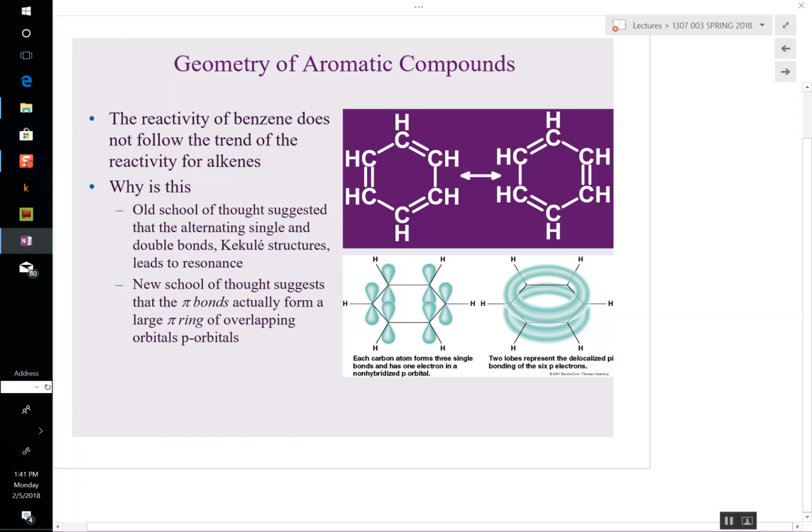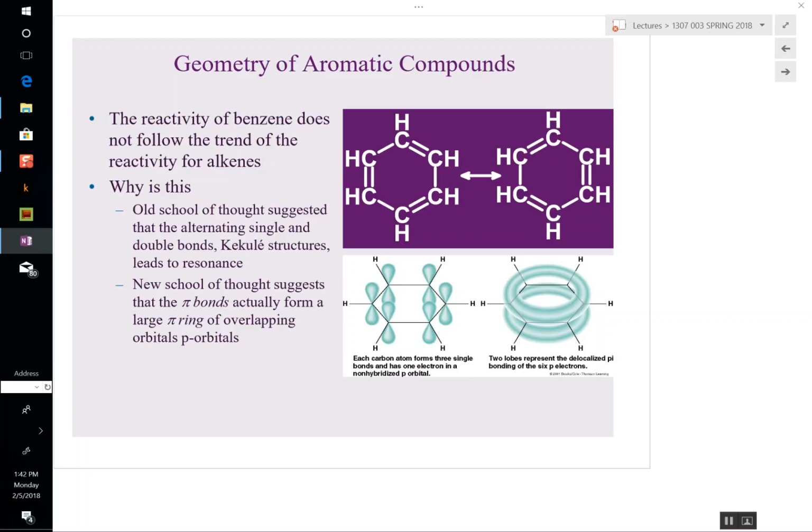We say that there's a bunch of electrons here. There's 4 there, 2, 4, 2, 4, 2. Well, the electrons get delocalized, up into a cloud above and below that ring. The ring is flat.